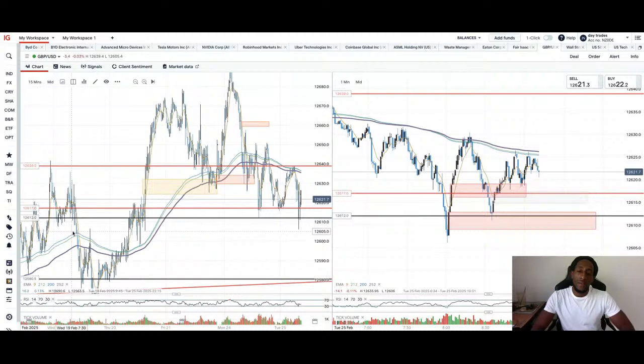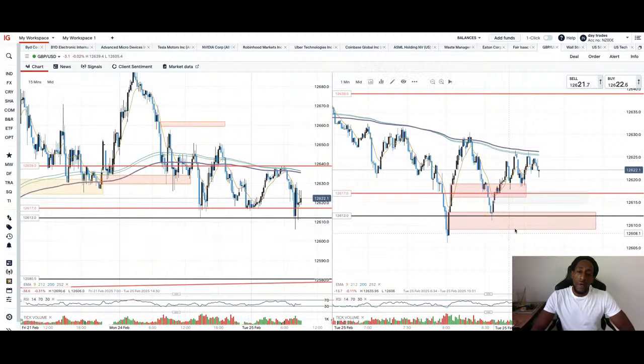But to be honest, I won't be looking for shorts until we break under that daily low, because we're coming down into support, especially after liquidation.